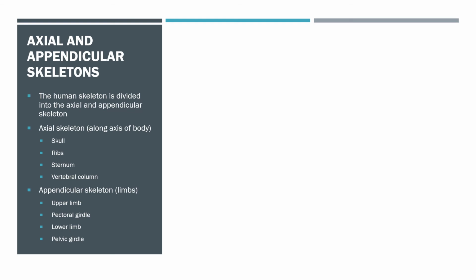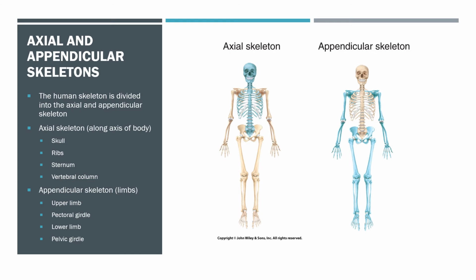The human skeleton is divided into the axial and appendicular skeleton. And these two pictures here are nice and color coded so that you can remember what's what. So your axial skeleton runs along the axis of the body, and it consists of your skull, your ribs, your sternum, and the vertebral column.